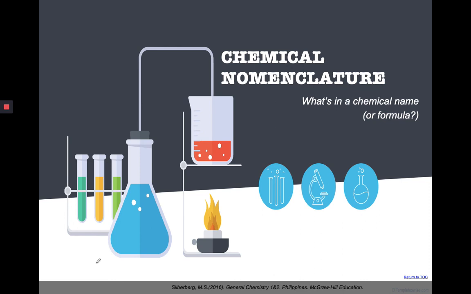And if we know them, we can also know their practical uses, their benefits, or the harm that they can cause. So what's in a chemical name or a chemical formula? It actually gives us power. Names give us power. So that's all for chemical nomenclature.